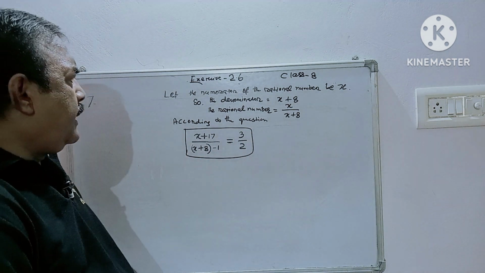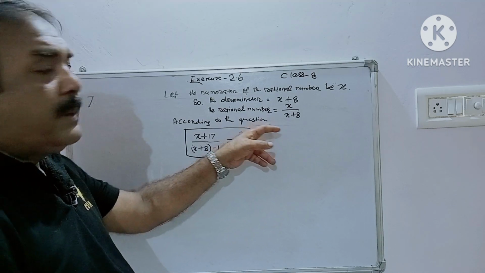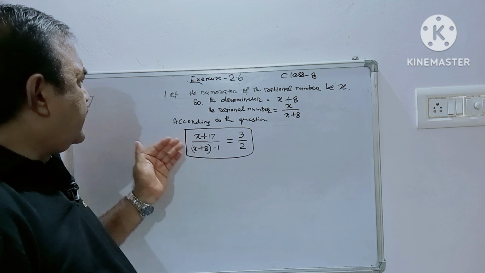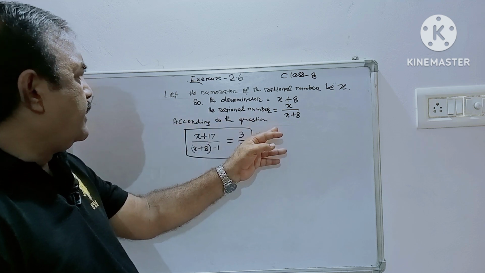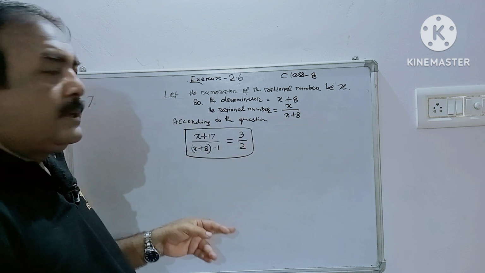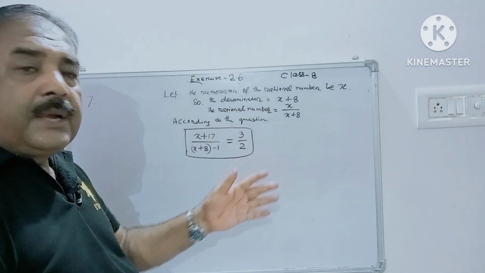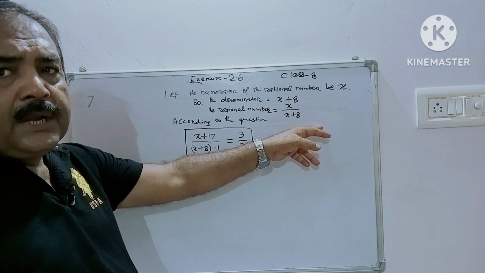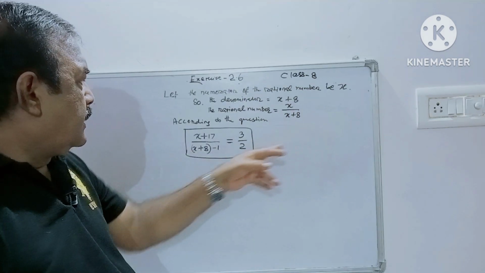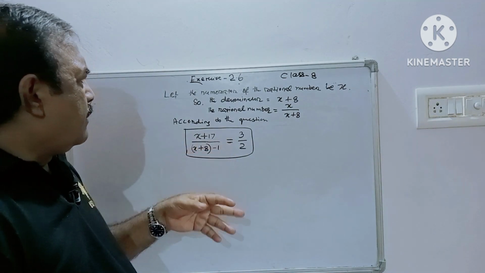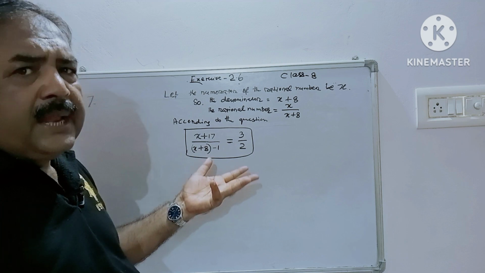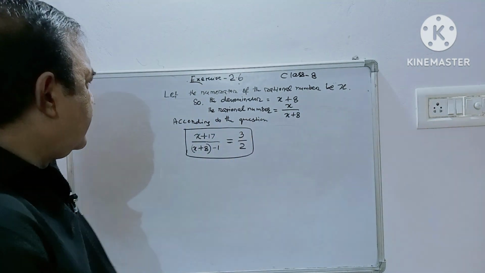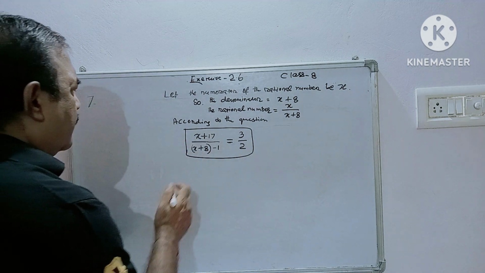We could write more statements separately, like x increased by 17 is x plus 17, and the denominator decreased by 1 is x plus 8 minus 1, but it may be lengthy, so we write it according to the question.